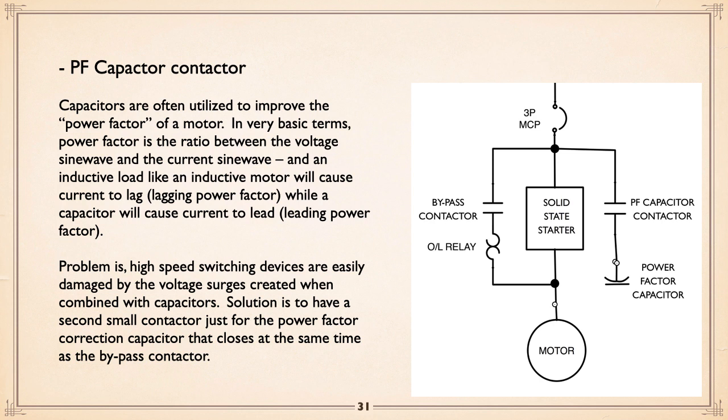Solution is to have another small contactor on the side that basically stays out of the game until the solid state starter says, okay, I've peaked out, hit the bypass contactor, hit the power factor capacitor contactor, because of course, as soon as the two of them come in, we're basically taking the solid state starter out of the equation, and the power factor capacitor is happy. Same thing on ramp back. We disconnect that first, and then ramp this thing down, and that can be done.